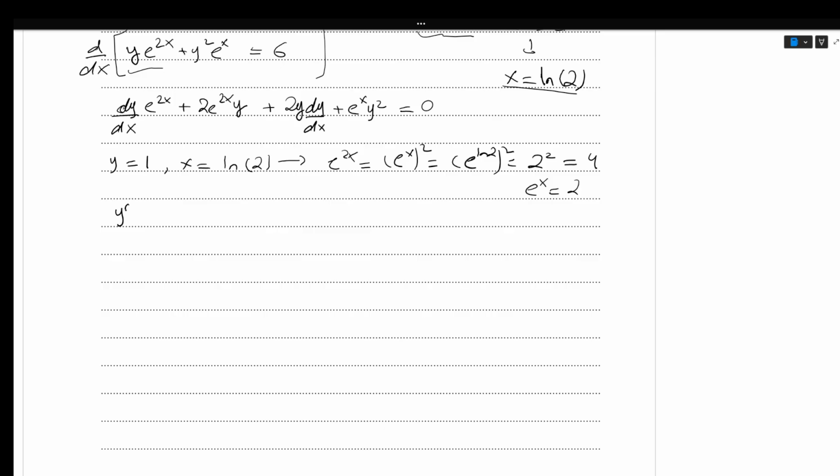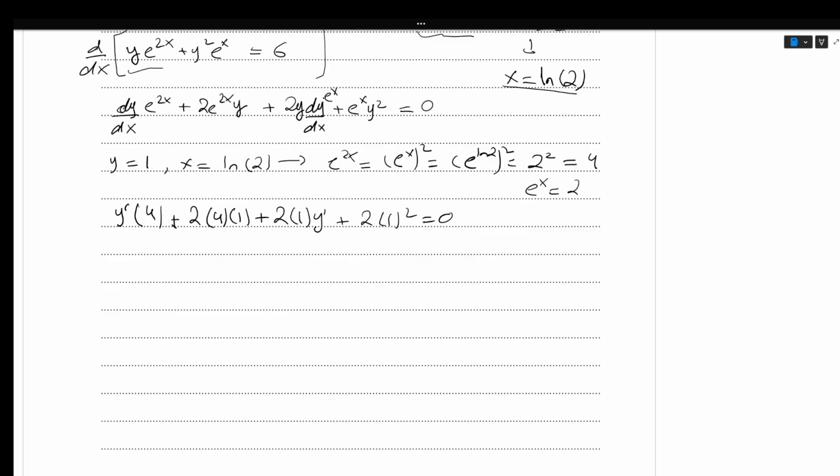Okay, dy by dx I write as y prime: y prime into 4 plus 2 into 4 into 1 because y is 1, plus 2 into 1 into y prime into e to the x, which is 2, plus 1 square into 2 is equal to 0, and you just need to resolve this equation. It's simply 4y prime plus 8, plus... it's supposed to be 2y dy by dx into e to the x.